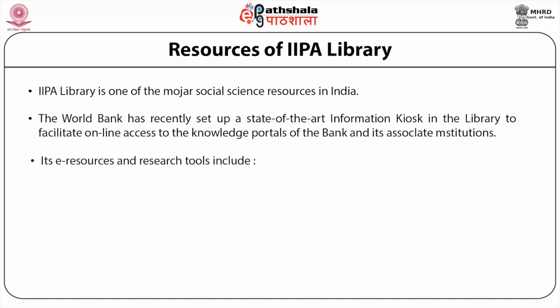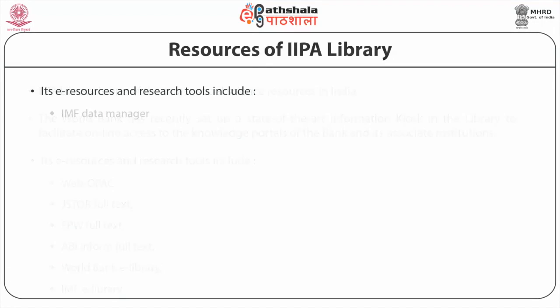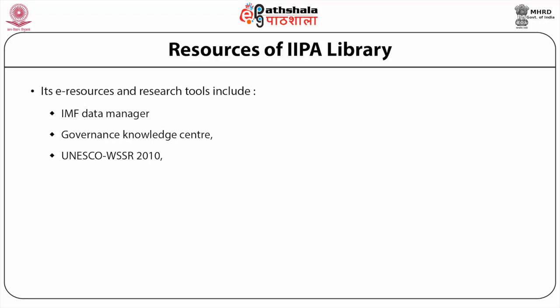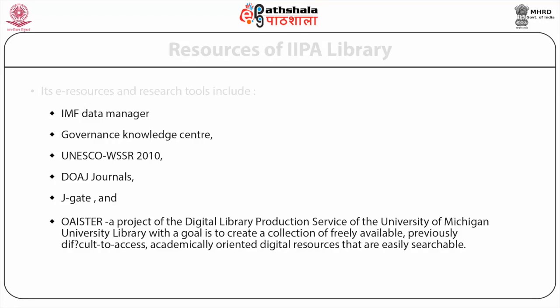Its e-resources and research tools include WebOPAC, JSTOR full text, EPW full text, ABI Inform full text, World Bank e-library, IMF e-library, IMF Data Manager, Governance Knowledge Center, UNESCO WSSR 2010, DOAJ journals, JGate, and OAIster, a project of the Digital Library Production Service of the University of Michigan University Library, with a goal to create a collection of freely available, previously difficult to access, academically oriented digital resources that are easily searchable.